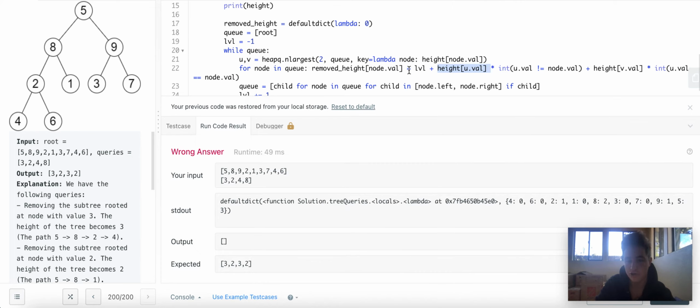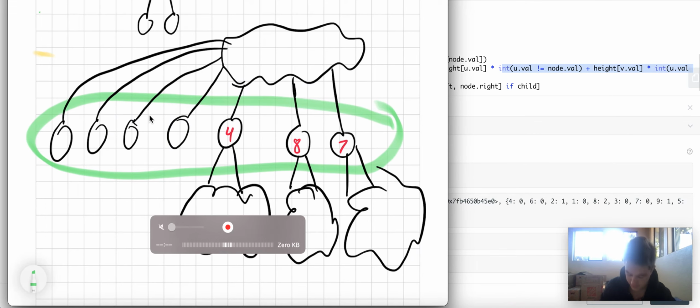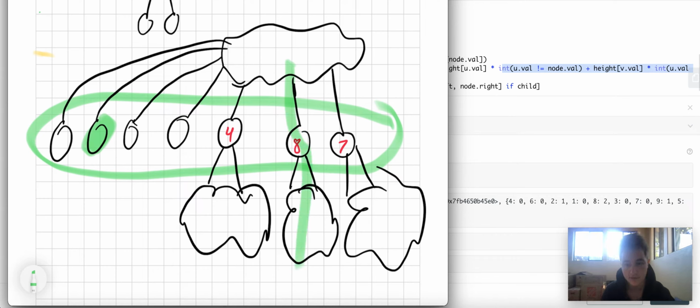So U is the largest one, so if we're not the largest node that we're removing, then we always prefer the length of the largest node, right? So that's what this is basically saying. The node we're looking at, we'll call this node, and this is U, and this is V, because U is the largest, V is the second largest.